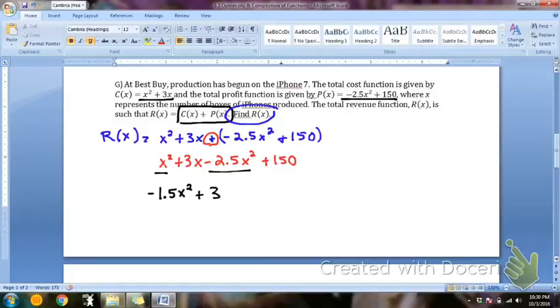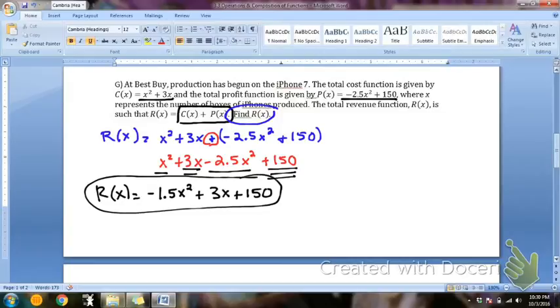Plus 3x, that doesn't combine with anything. And then plus the 150, that doesn't combine with anything. This is the R of x function. That's all we had to do there. Just had to combine two equations into one. Okay?